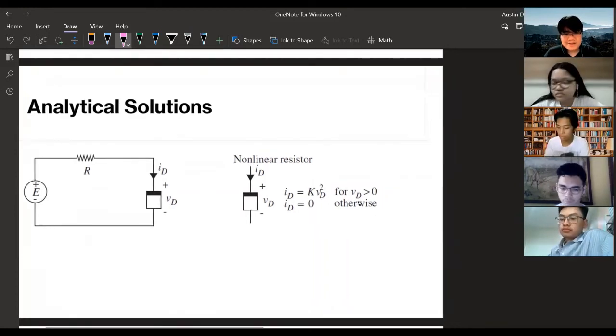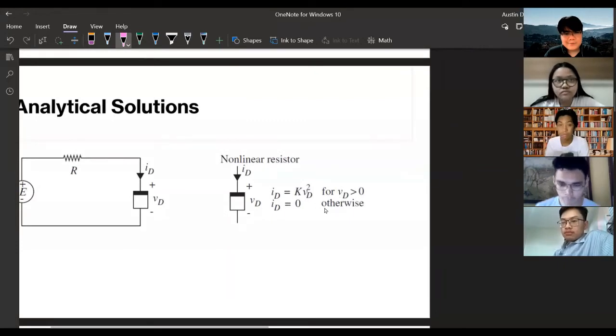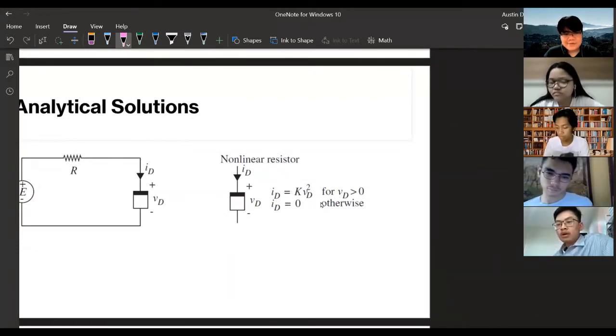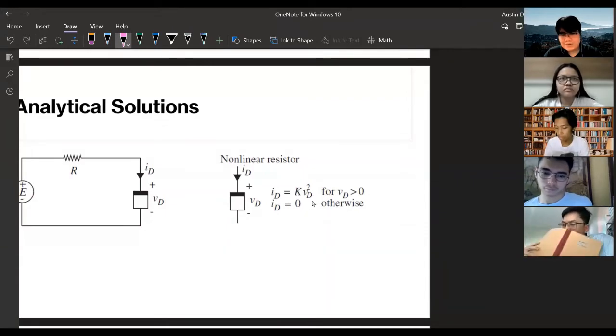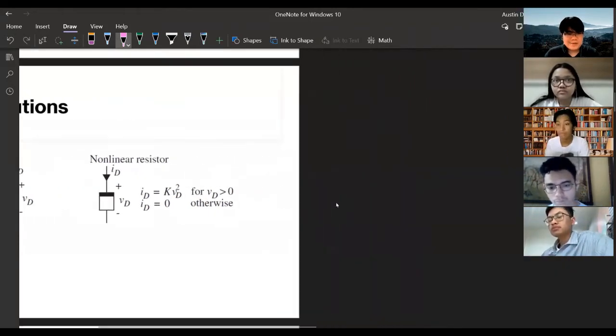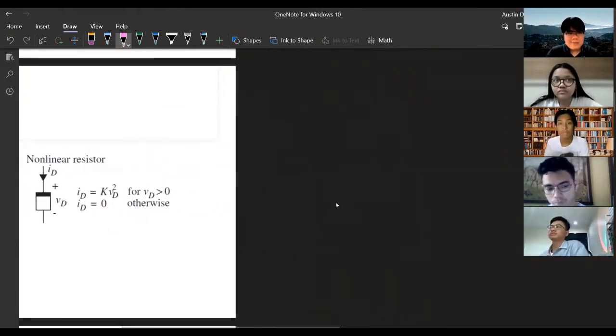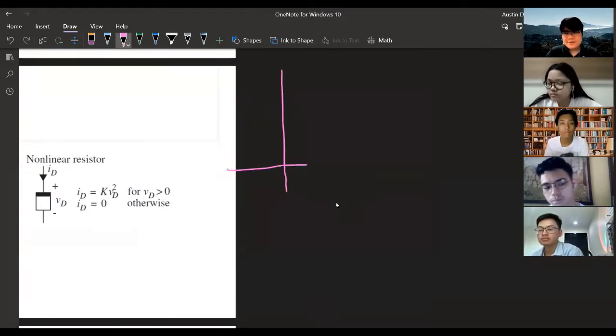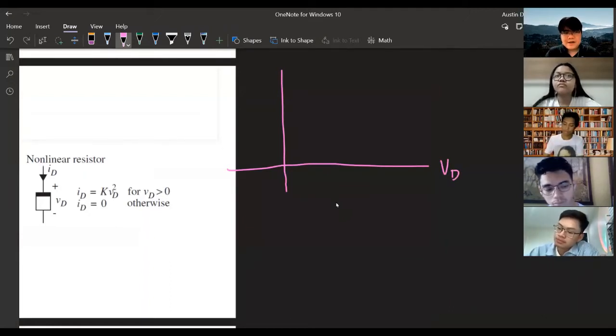So kapag positive yung VD mo, meron siyang value. Kapag negative yung VD mo, or 0, kasi pag pinlagin mo yung 0 dyan, mag-0 din yung ID. Mag-0 siya. Okay, ano itsura nito kapag dinrawing natin? Kapag pinlot natin yung properties ng nonlinear resistor mo, we have this. So let's plot VD versus ID.